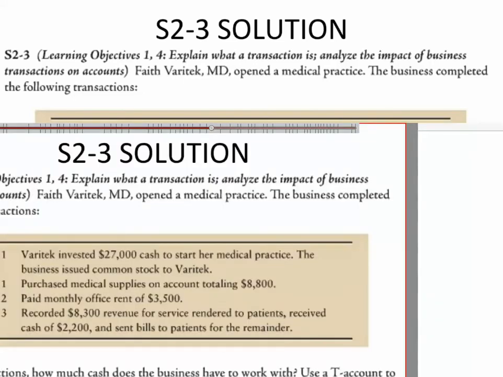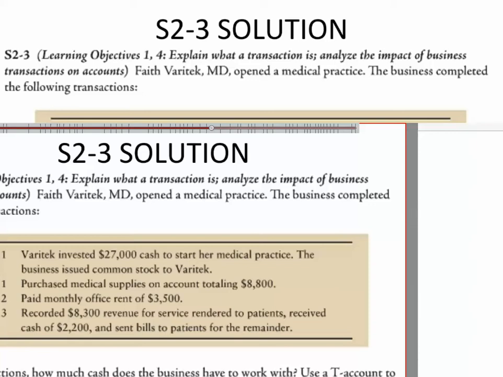Now, how we get a balance of our cash account is we draw a single underline under it, and typically we'll write the word balance. So we'll add up our debits, the 27,000 plus the 2,200, and then subtract the credit of 3,500. The balance is 25,700.